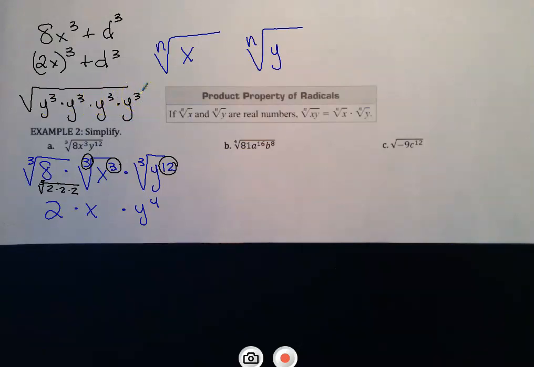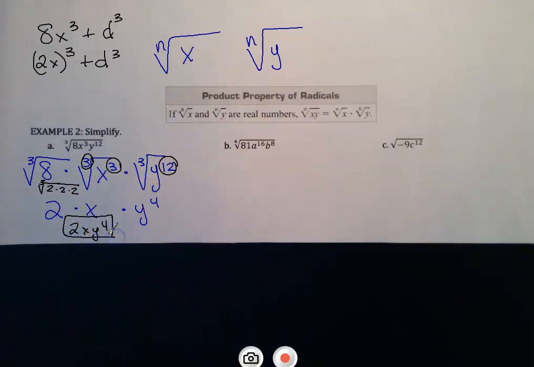So we could say that's the same thing as y to the 4th. We had 4 of those. So with exponents, you just divide the exponent by the index, because 3 divided by 3 is 1, and 12 divided by 3 was 4. You could write it a little closer together if you wanted, but that is correct.